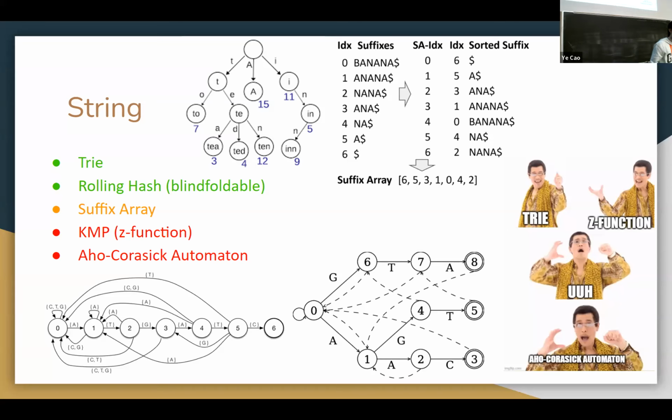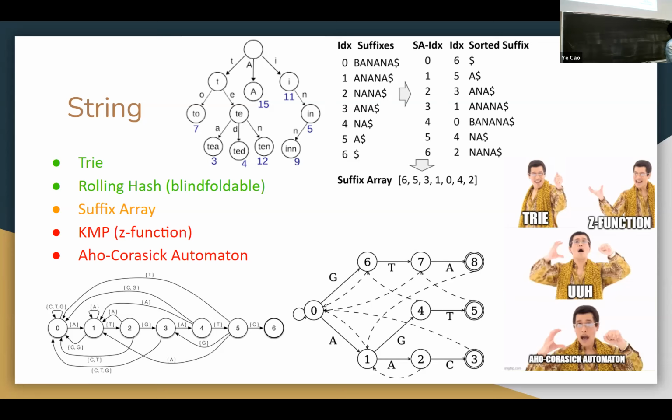KMP, sometimes called the Z function, provides a linear pattern matching algorithm. If you have a super long string called the text and a relatively short string called the pattern, you want to find if my super long string S contains the pattern as a substring. If you do a character-wise comparison, your worst time complexity is going to be O(N times M), where N is the length of the long string and M is the length of the short string.